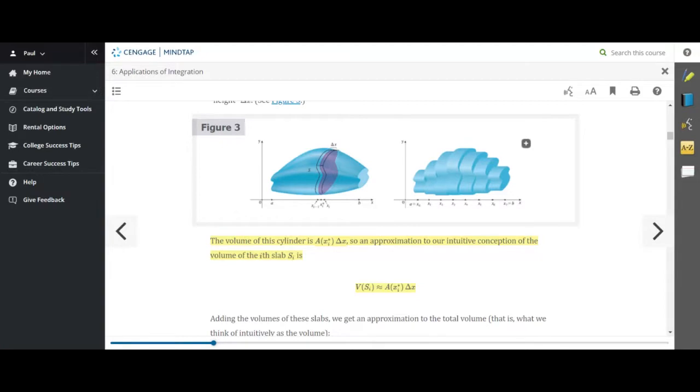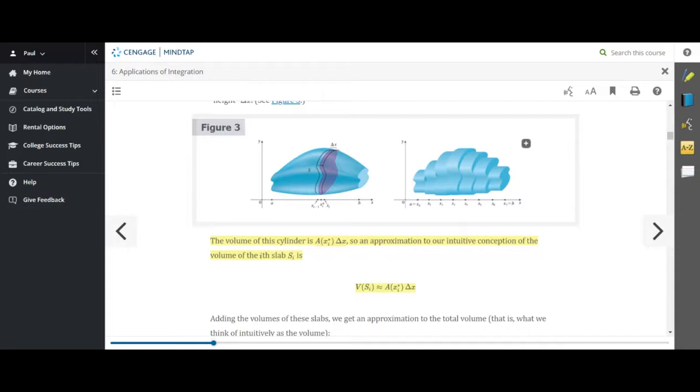And you see there, how would we approximate the volume of that solid there in the left of figure 3? Well, we would add up the volumes of all the slices. Well, what's the volume of the slice?